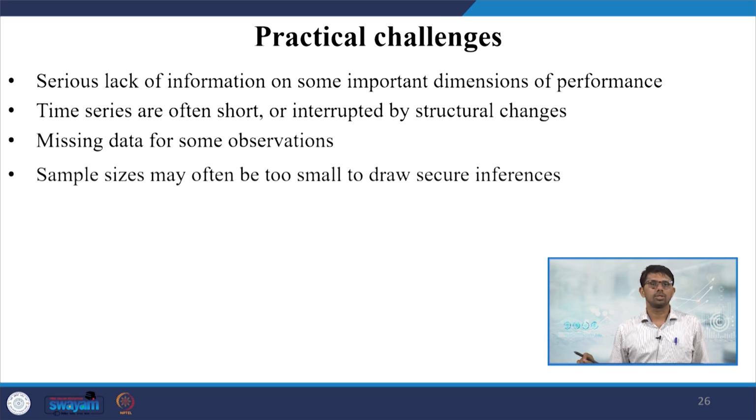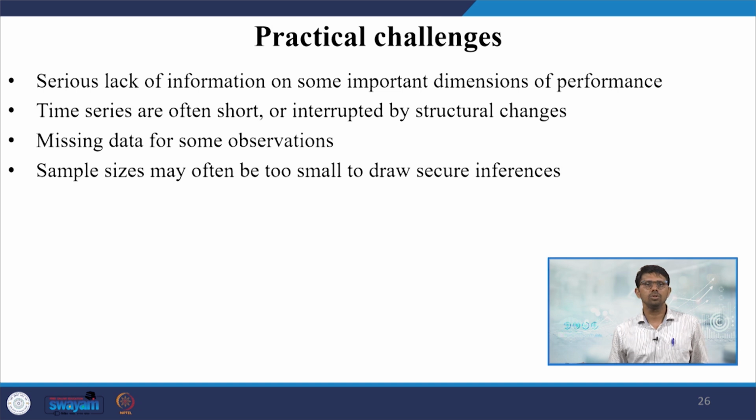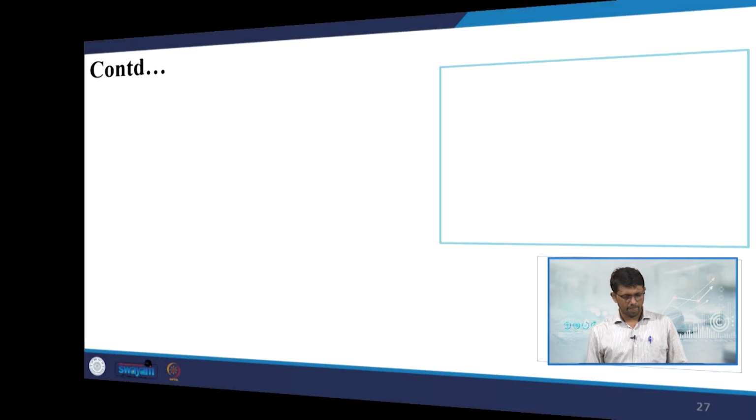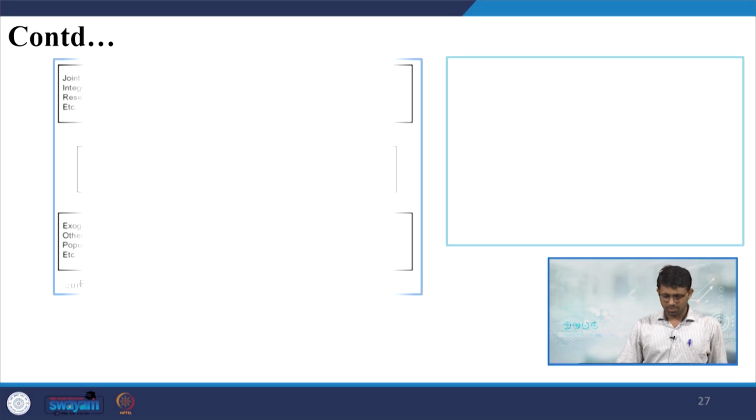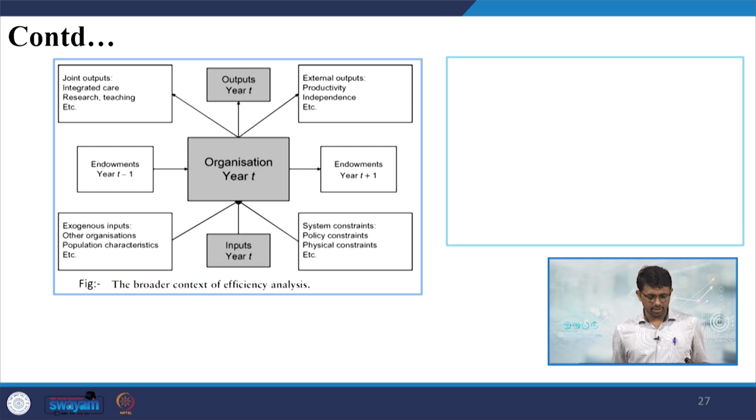There is missing data for some organizations, and sample sizes may also be too small to draw inferences. So, overall, as I already said, we are starting with an organization. We will be comparing its output to its inputs. Yeah, this is our standard basic model.